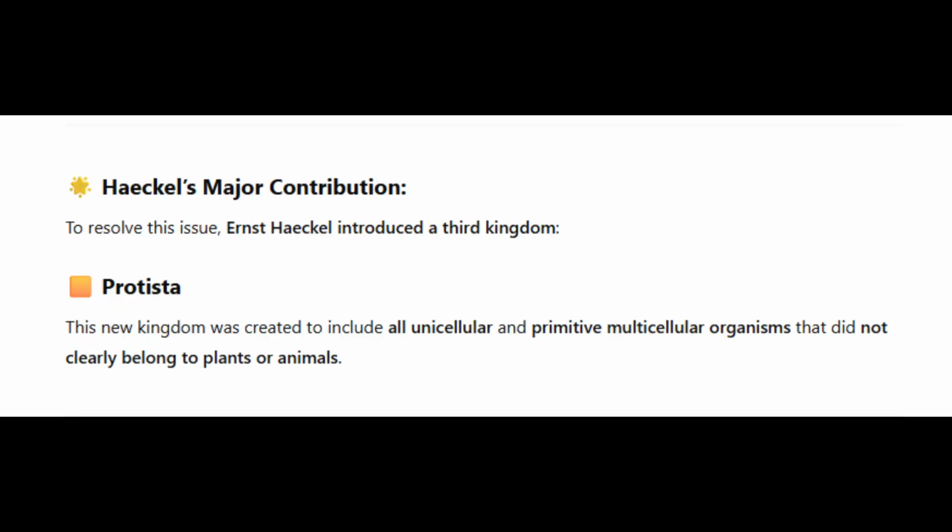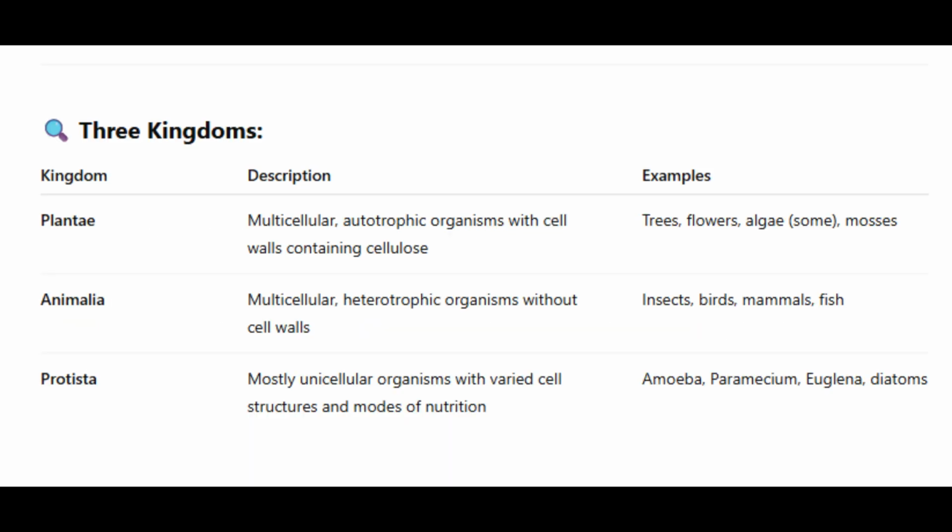Haeckel's major contribution. To resolve this issue, Ernst Haeckel introduced a third kingdom, Protista. This new kingdom was created to include all unicellular and primitive multicellular organisms that did not clearly belong to plants or animals. Three kingdoms: kingdom, description, examples.